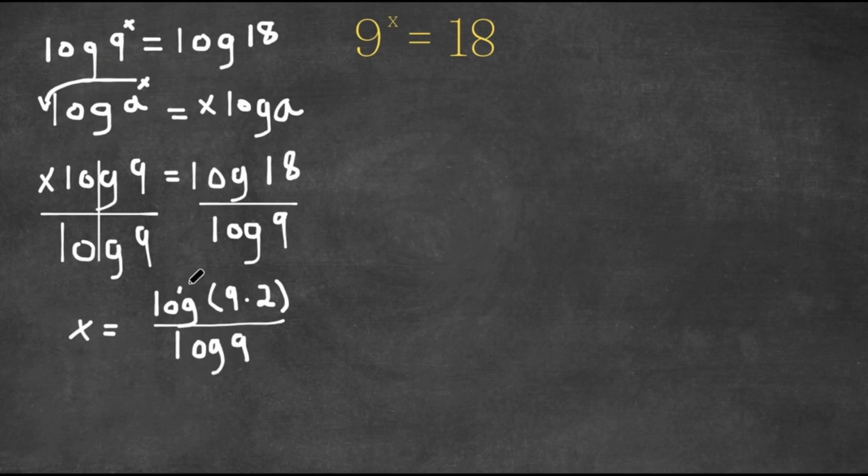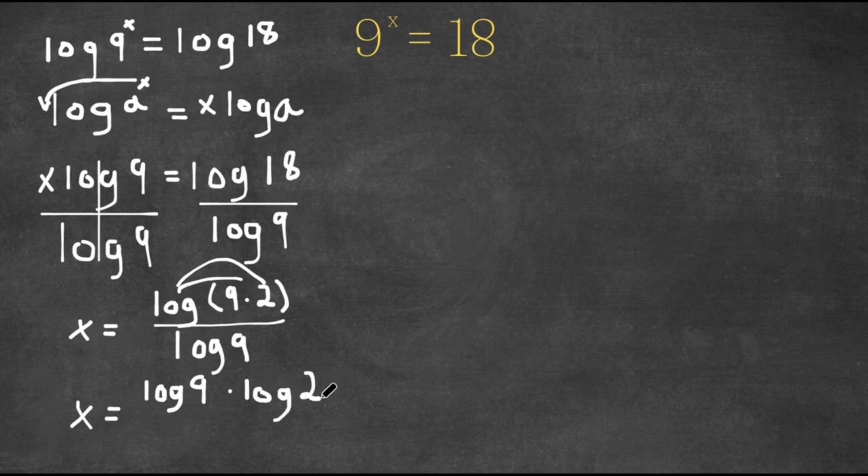And now if I distribute the log to both of these terms in the parentheses, we get x is equal to log 9 times log 2, and we are still dividing this by log 9. And sorry, this is actually a plus.